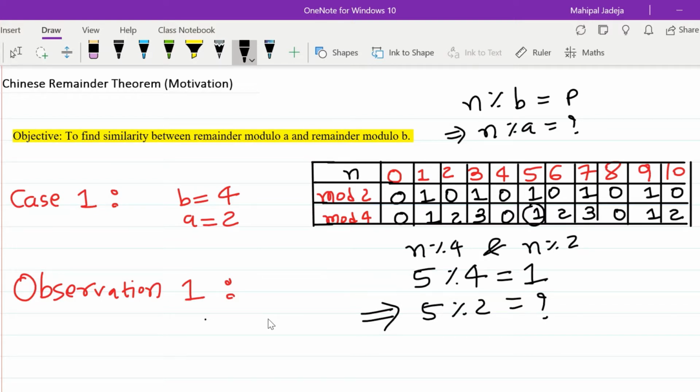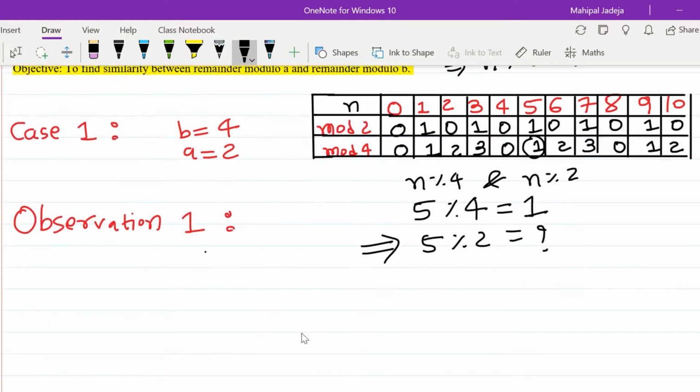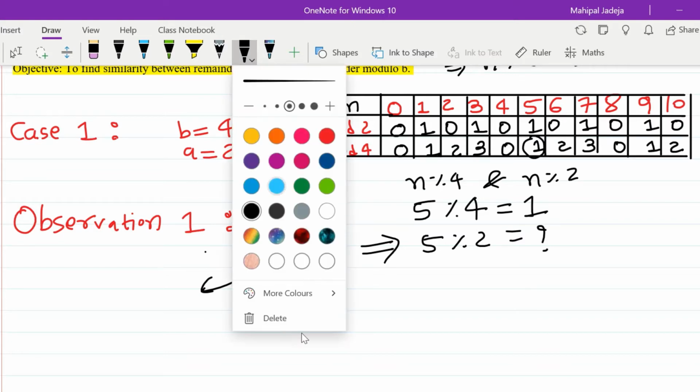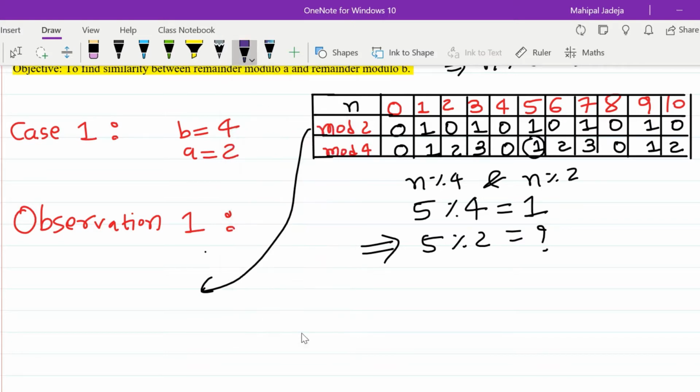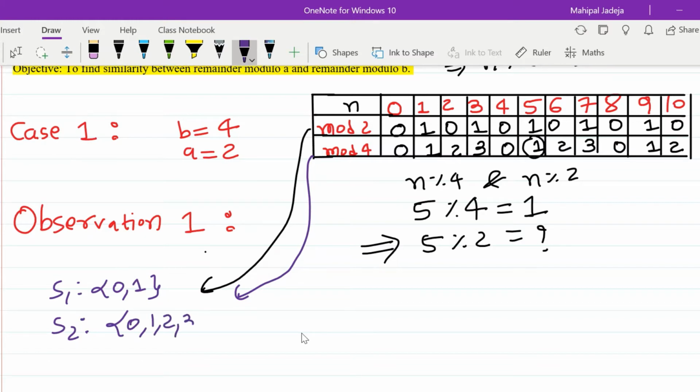Okay, so now let's analyze further. If I talk about modulo 2, then this corresponds to my first set. Let's say set 1 contains only 2 possible answers, which are 0 and 1. And if I consider set 2, which corresponds to modulo 4, then there are 4 possible answers, namely 0, 1, 2, and 3.